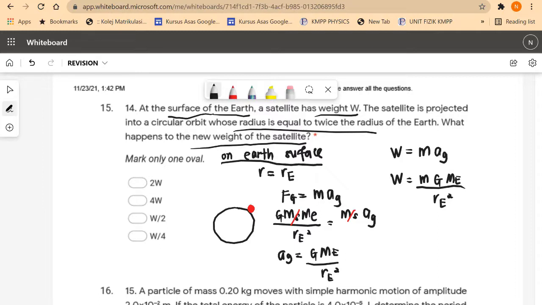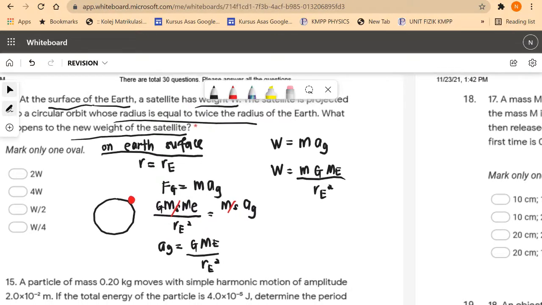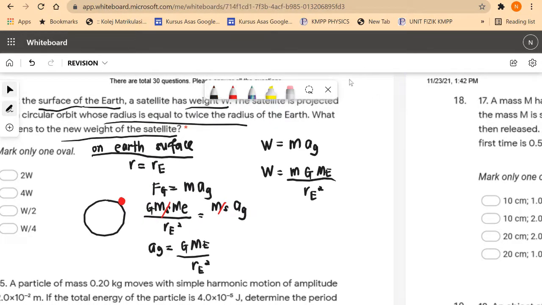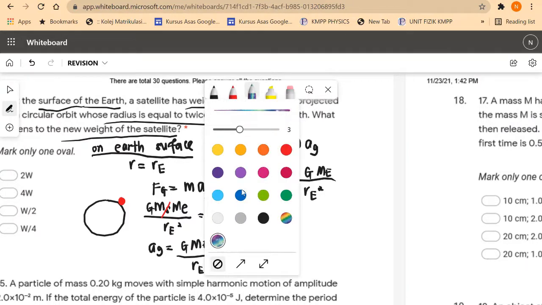And then when the satellite is in circular orbit, at a higher position, like this, maybe we can use this color to differentiate.